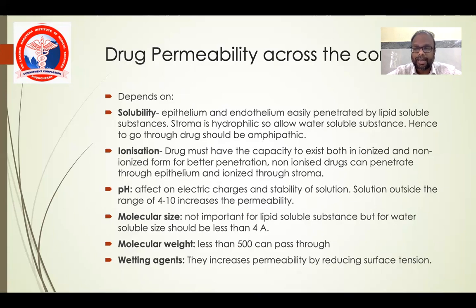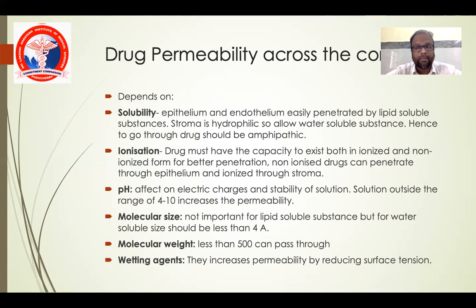Non-ionized drugs can penetrate through the epithelium, while ionized drugs penetrate only through the stroma. pH affects the electrical charge and the stability of the solution. A solution outside the range of 4 to 10 increases the permeability. The size of the molecule is not important for lipid soluble substances, but for water soluble substances it must be less than 4 angstroms.